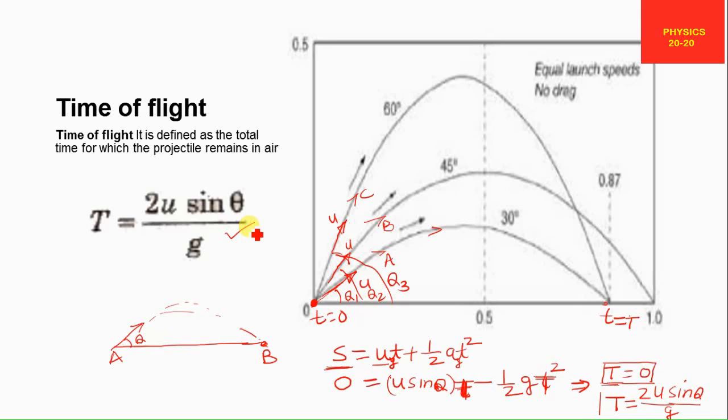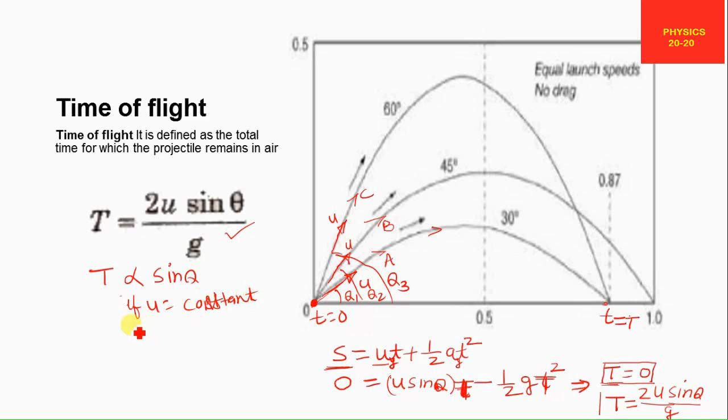One thing to keep in mind is that T is proportional to sine theta if u is a constant.